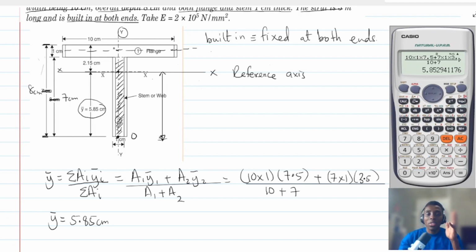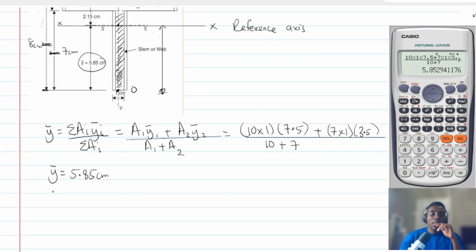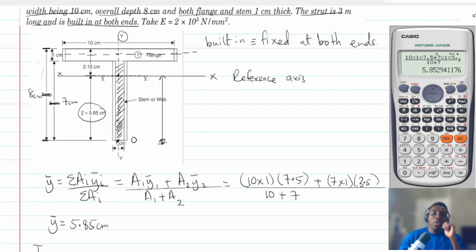I hope the concept is clear. At this juncture, I want us to calculate the area moment of inertia, since we now have our reference axis. So let's start first of all with the Ixx, that's the moment of area about the x-axis, or the horizontal axis. Now we would have to use this x-axis here.